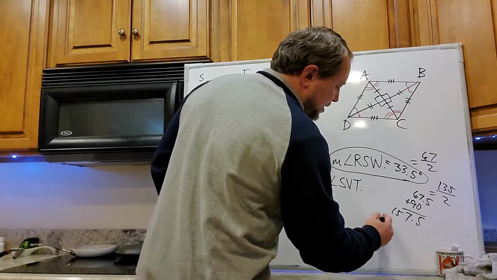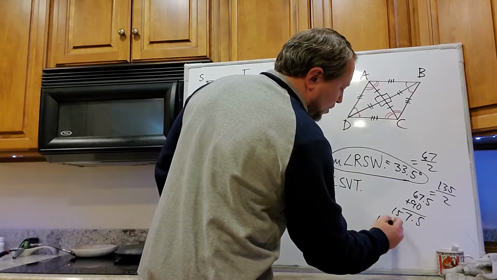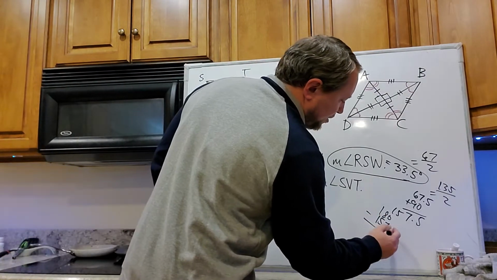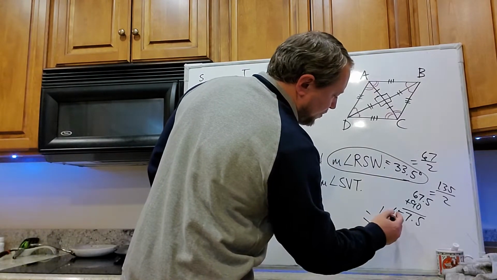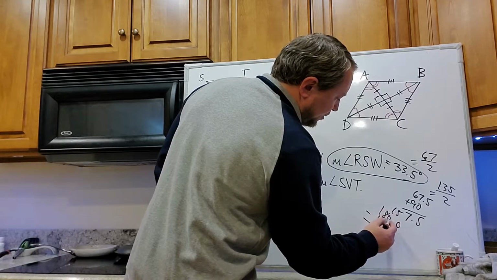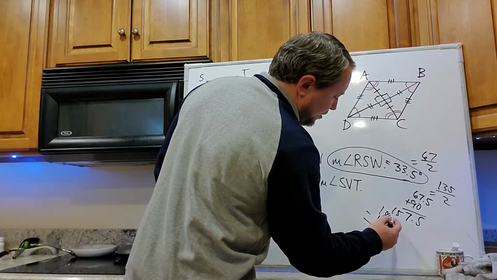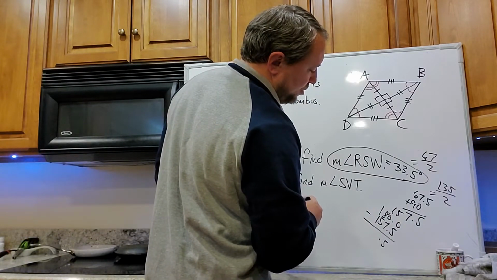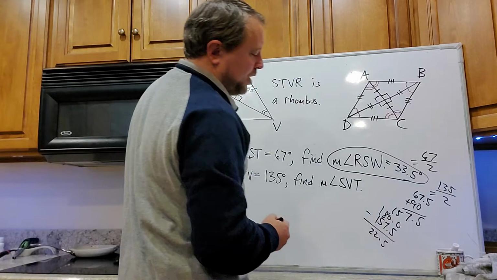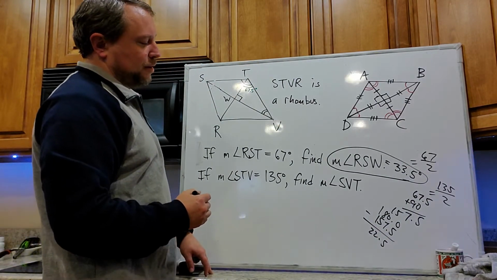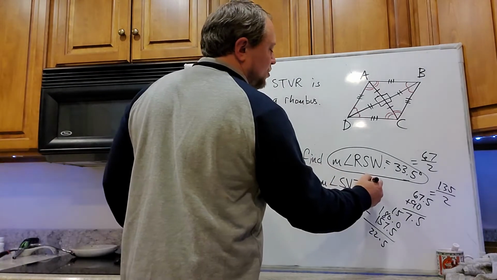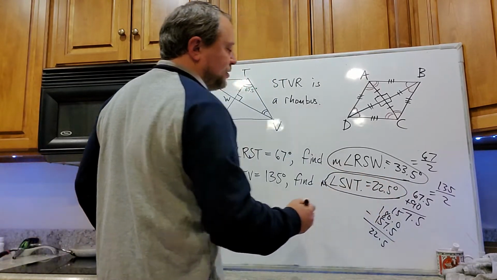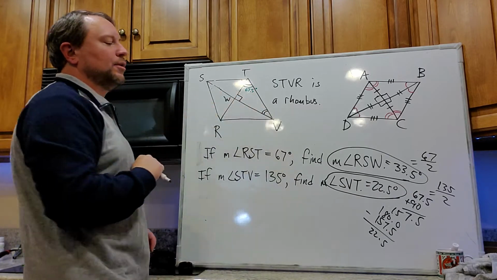So 157 and a half away from 180 is going to leave us with 22 and a half. So 22 and a half degrees is what that last angle SVT right down here in this corner has to be.